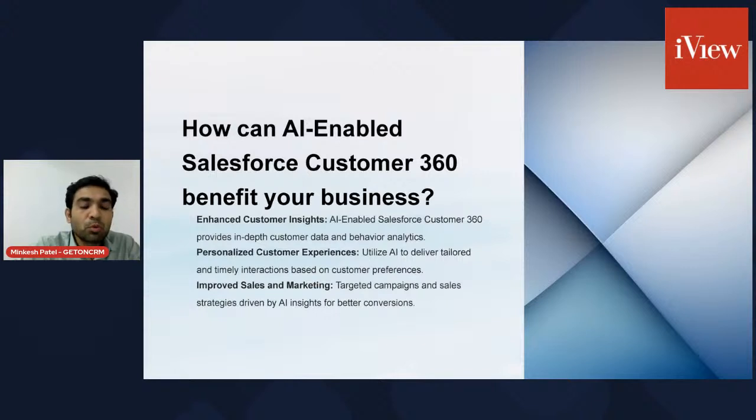The third one is improved sales and marketing. Now, when your sales team or marketing team are doing campaigns, if they don't know the customer they are targeting, what their history is, how their association with your company is, and what previous products or services they have consumed from the company, they will not be able to pitch very precisely to the customer, right?